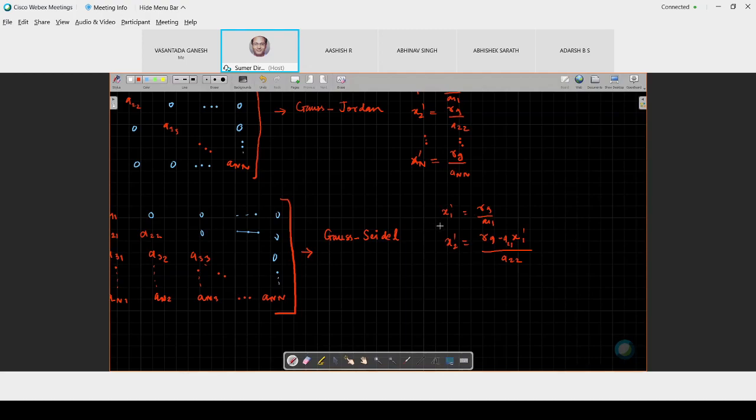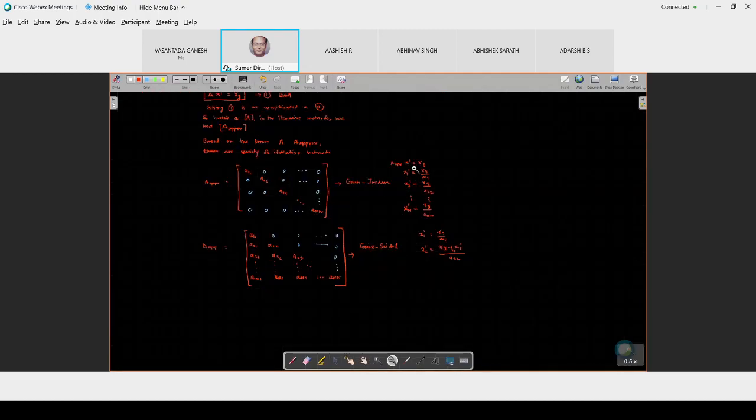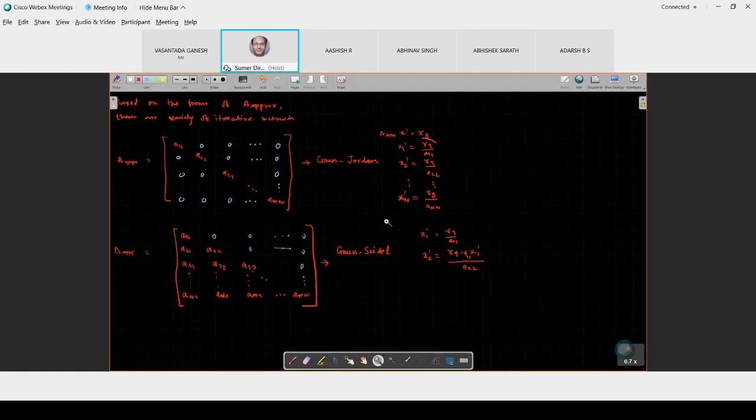So what is observed in all these is that wherever we calculate this x prime, we are mostly using two entities. One thing is the rg, which is nothing but the residual.